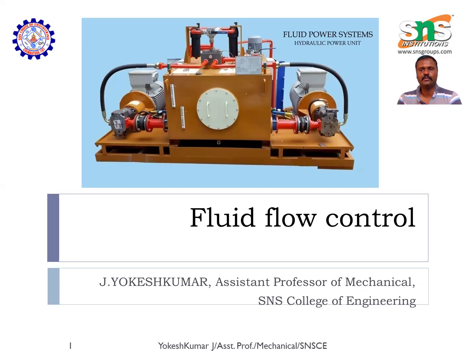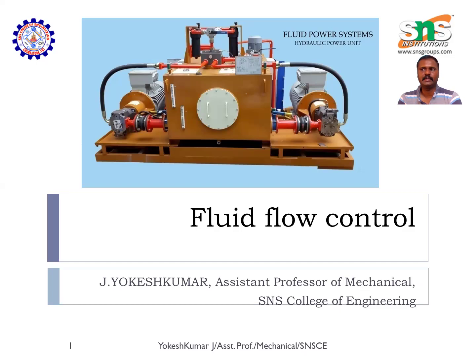So first of all, why do we need to control the flow rate? Since the flow rate can be measured by the quantity of fluid transferred from a particular point to another point within a certain time period.